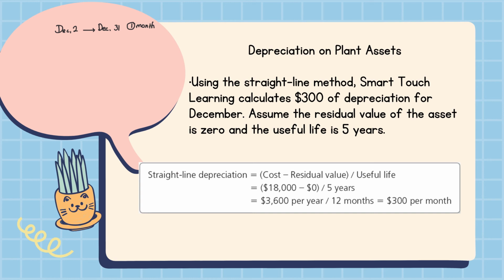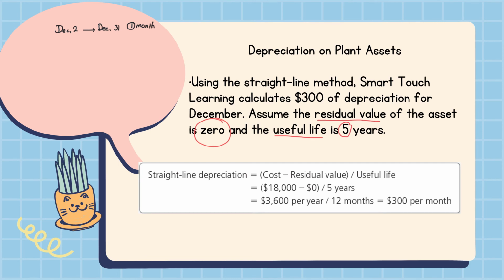Using the straight line method, it's going to be cost less residual value divided by the useful life. So in this question he said assume the residual value of this asset is 0 and the useful life is 5 years.